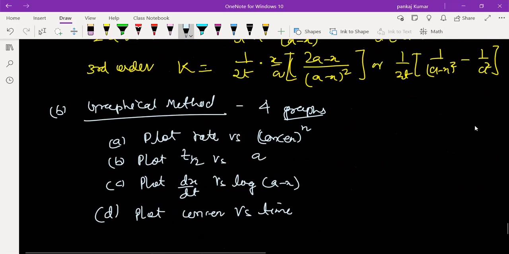Yes, sir. So four graphs are there: rate versus concentration raised to the power n, then t half versus a, then dx by dt versus log of a minus x, and concentration versus time. Let us see one by one.